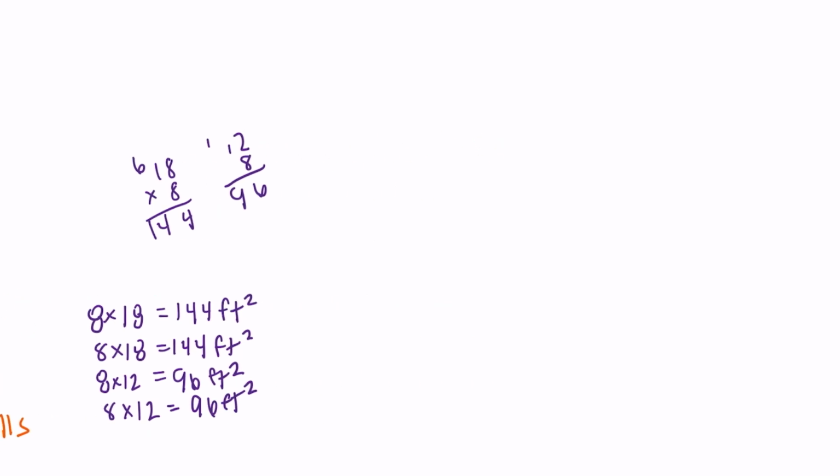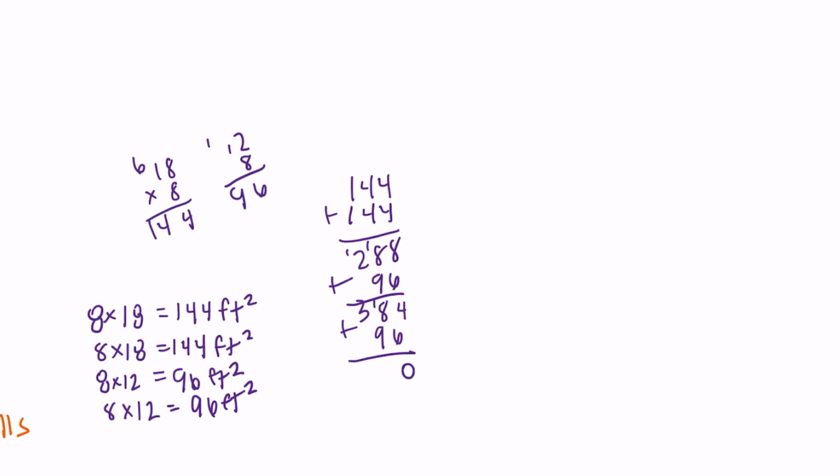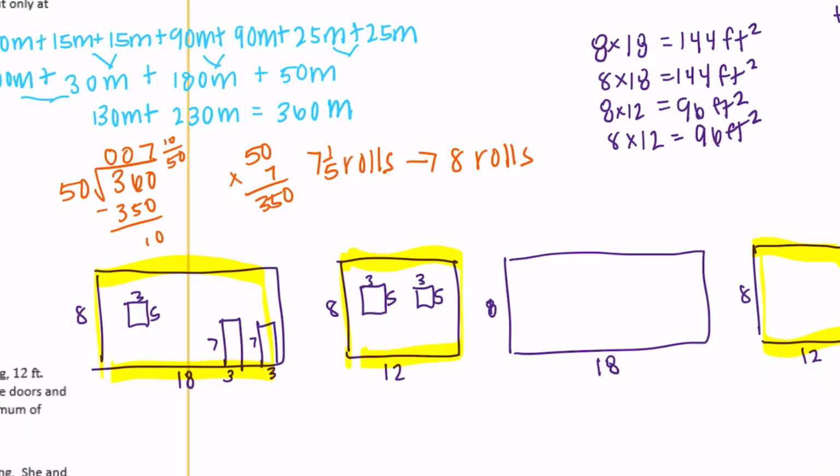So altogether, the walls, we have 144 plus 144 will give us 288 plus 96, 384 plus 1 more 96 will give us 480 feet squared.